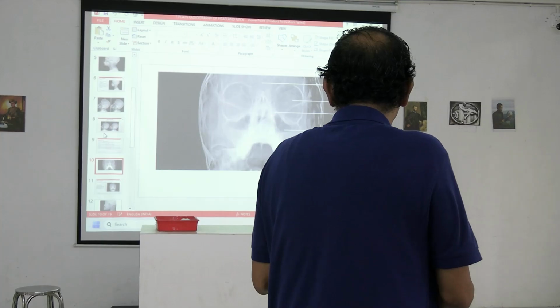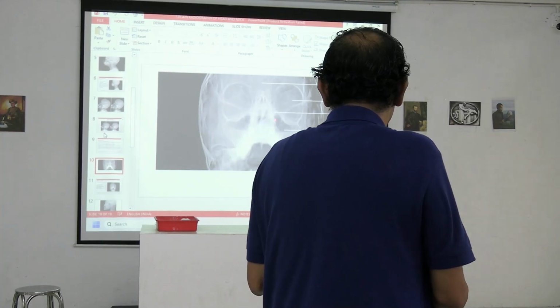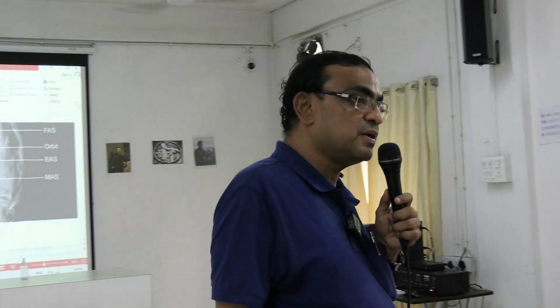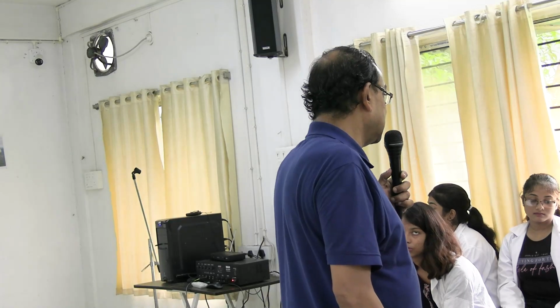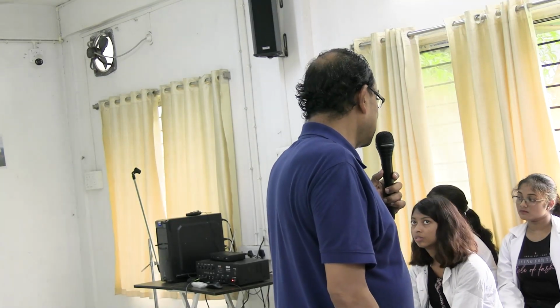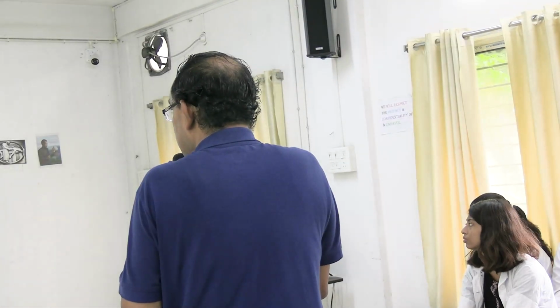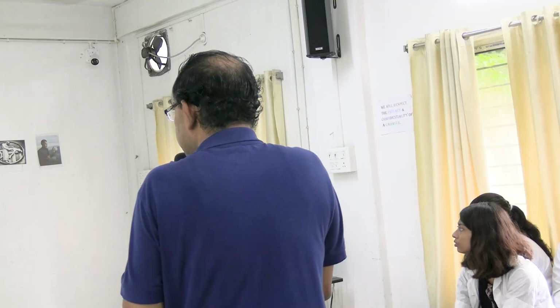Okay, the maxillary and the frontal air sinus are very commonly affected. In your clinical practice you will get either maxillary sinusitis or frontal air sinusitis. So these two sinuses are very clearly seen, and here we can see the horizontal mark.